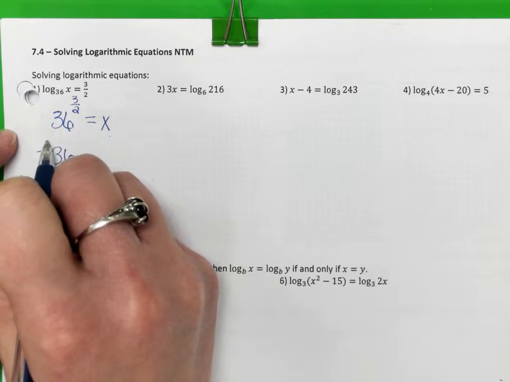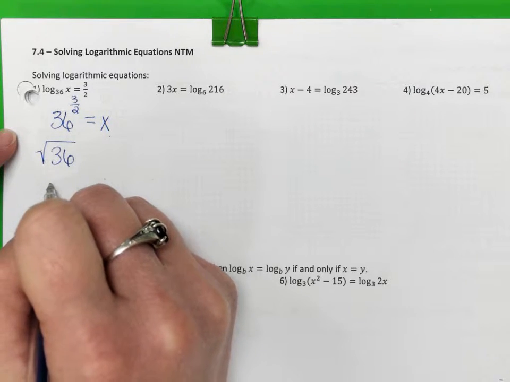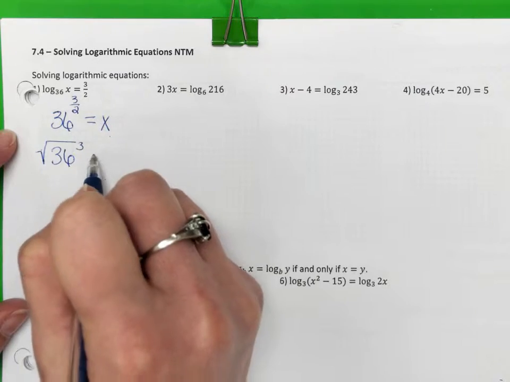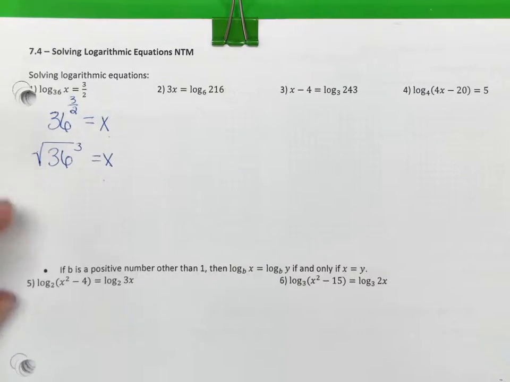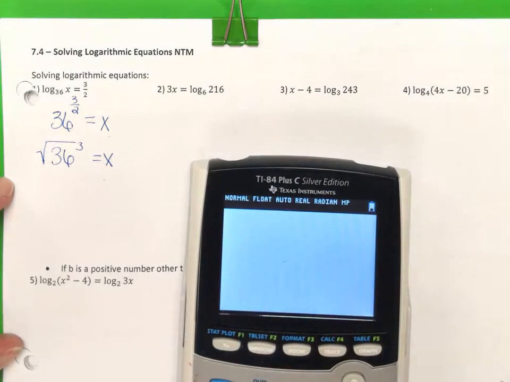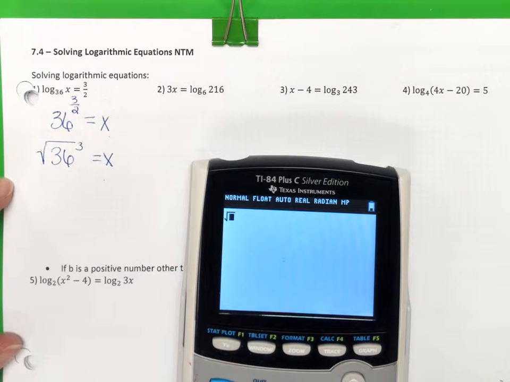The radical, a square root, and my power is 3. And now you use your handy dandy calculator. You ready? Square root 36 caret 3. And so what's x equal? 216.